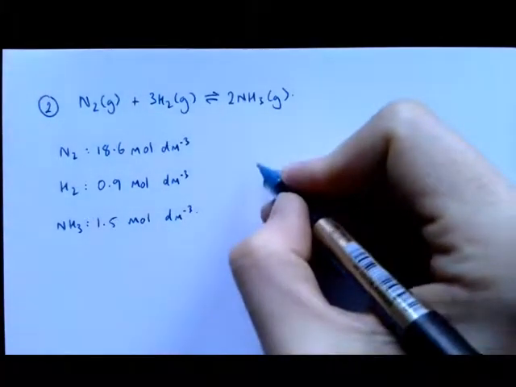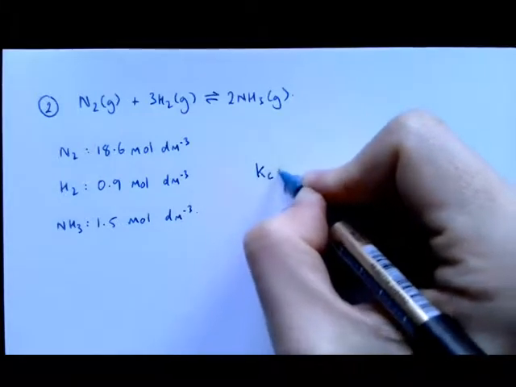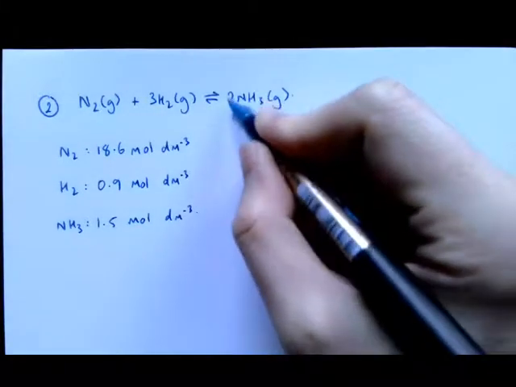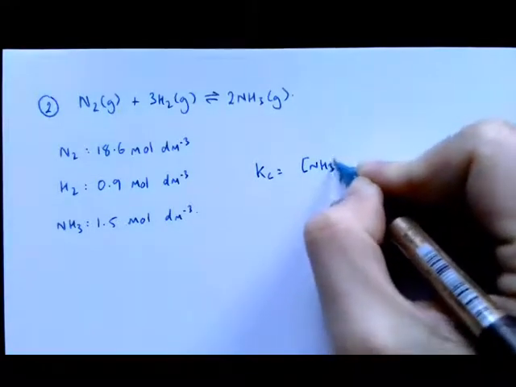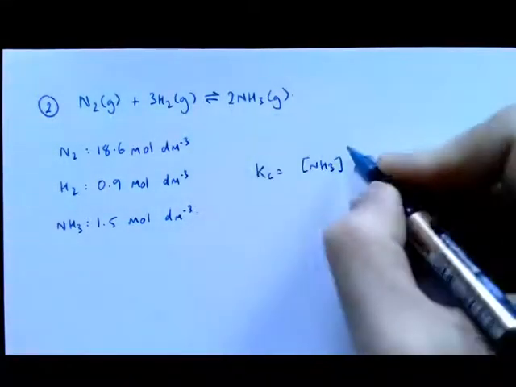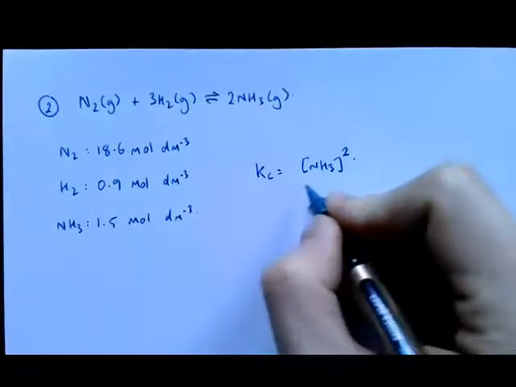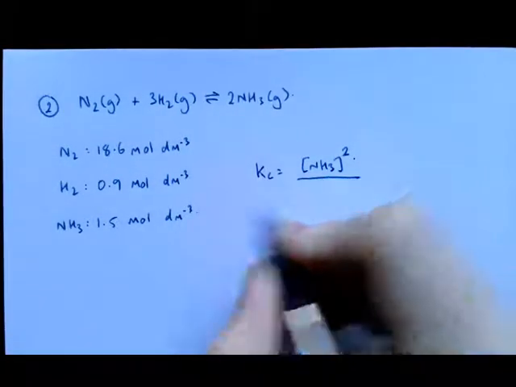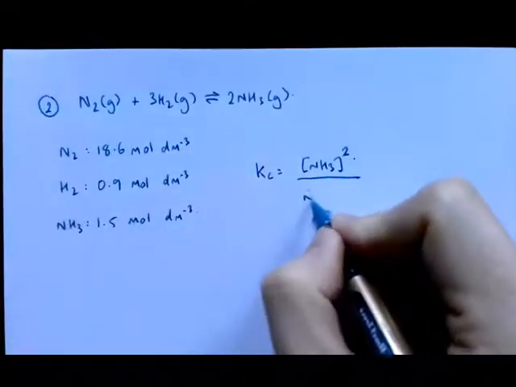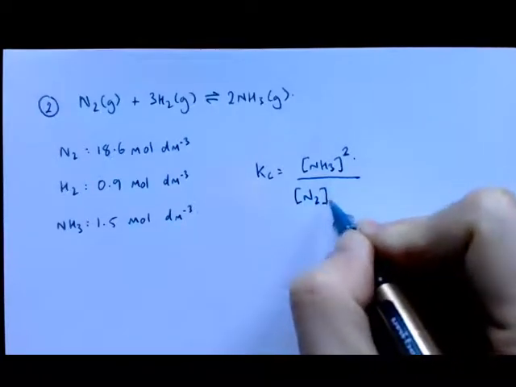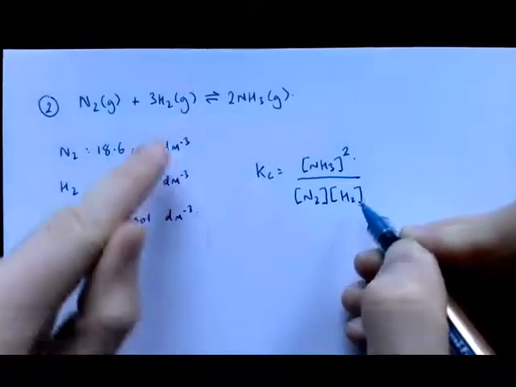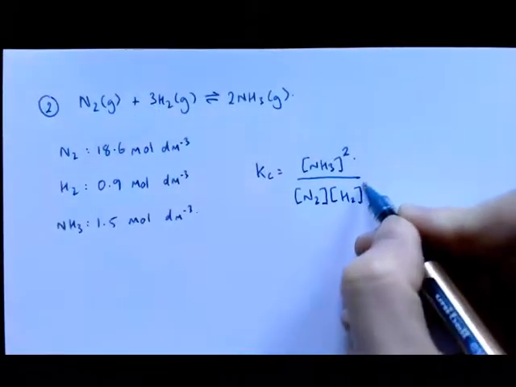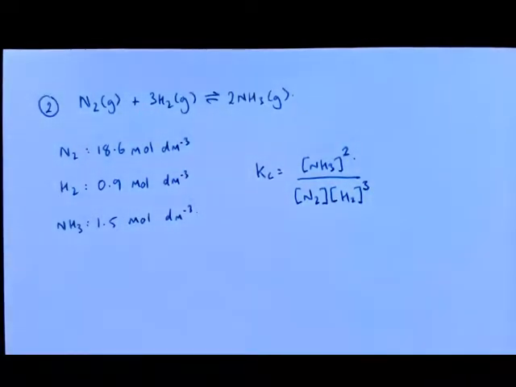So for this reaction, Kc is going to be, remember it's the products divided by the reactants, so it's going to be NH3, and I've got a 2 in front of there, so that's squared, divided by the concentration of nitrogen, multiplied by the concentration of hydrogen, and the hydrogen has a 3 in front of it, so this is going to be cubed.